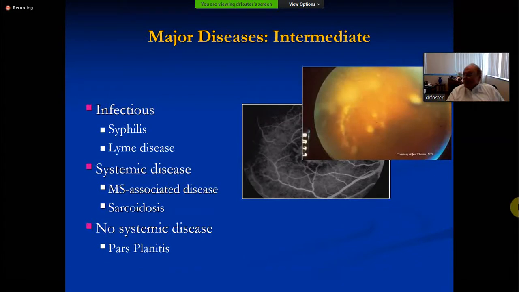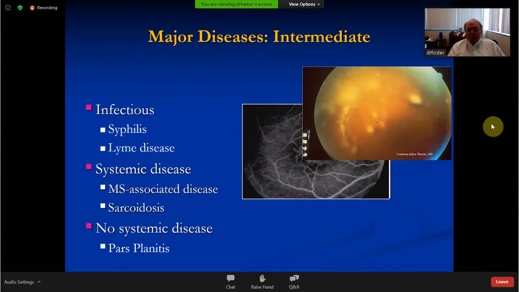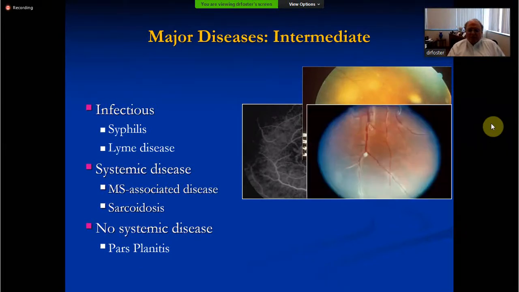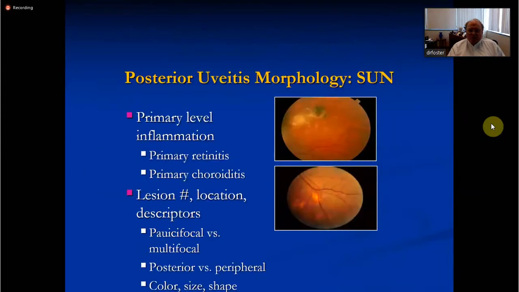Here's a good example of intermediate uveitis with posterior involvement, with cells in the vitreous and aggregating into clumps as well. And here's phlebitis in a patient with sarcoid. And here's phlebitis in a patient with non-sarcoid disease.